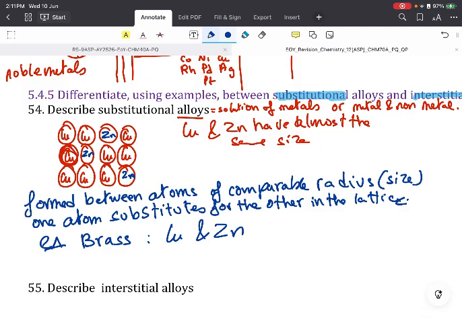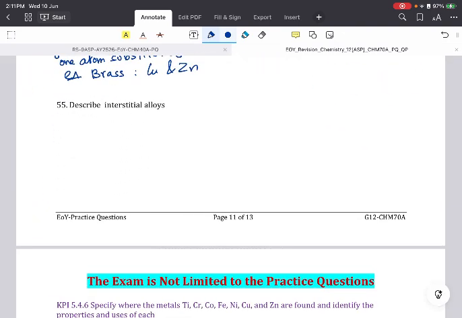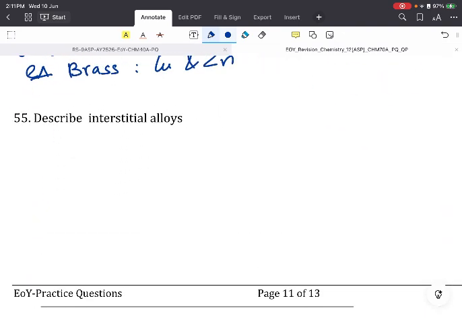Now one important thing about substitutional alloys: the malleability and the ductility become less, and the density does not change a lot. It's between the density of copper and of zinc. Now let's describe the interstitial alloy.